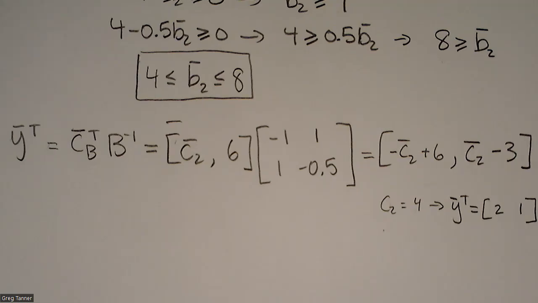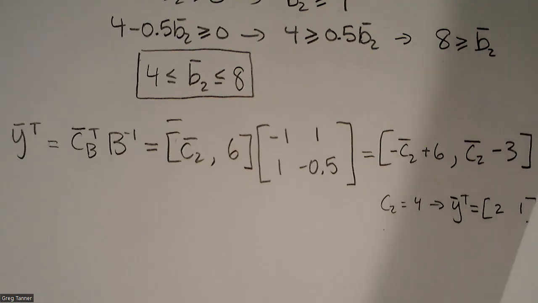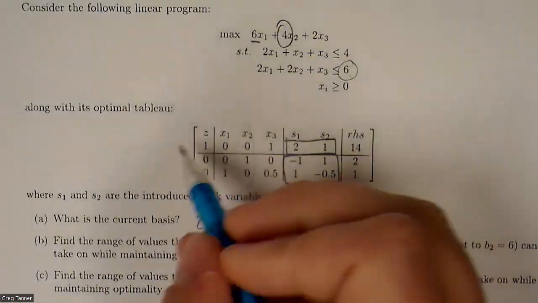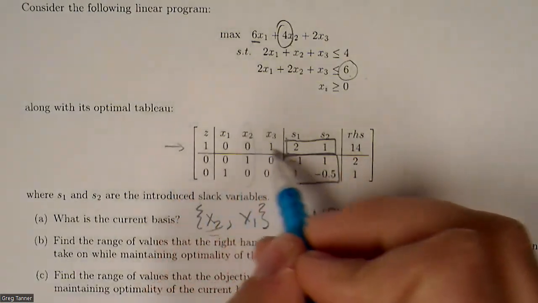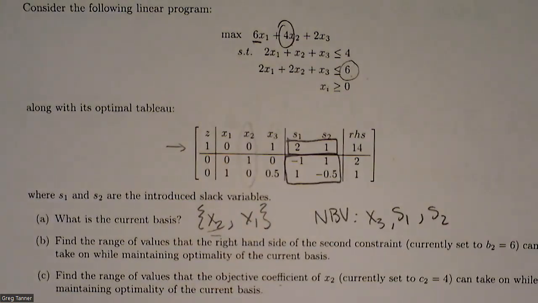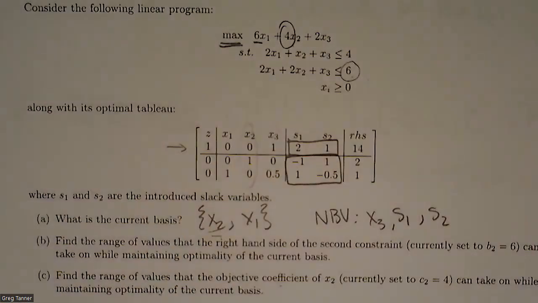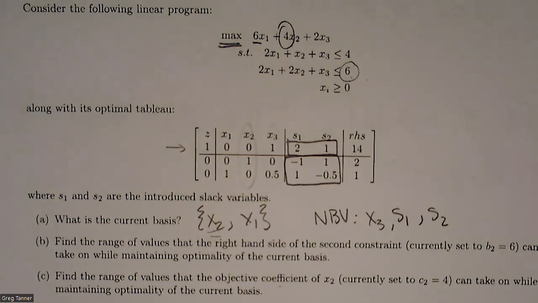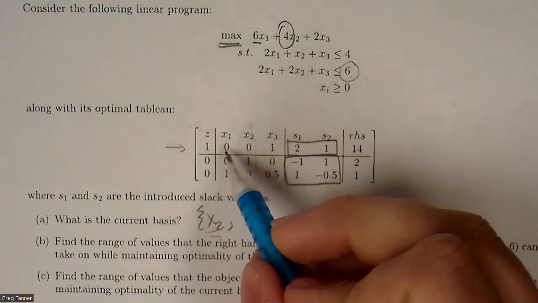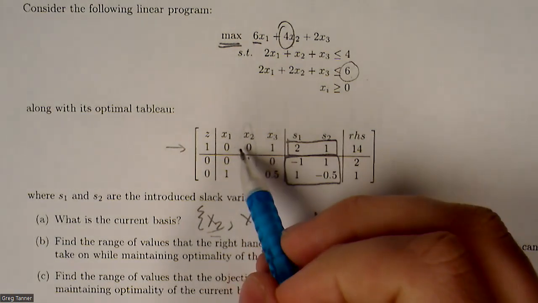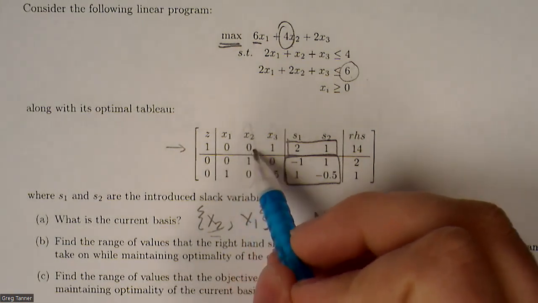Now, if we change a coefficient of the objective, the main thing we need to check is that all the entries in this objective row stay greater than or equal to 0 for a maximization problem. If this were a minimization problem, we'd want them all to be less than or equal to 0. For our basic variables, once we get it solved out to the basis, these will always be zeros here.